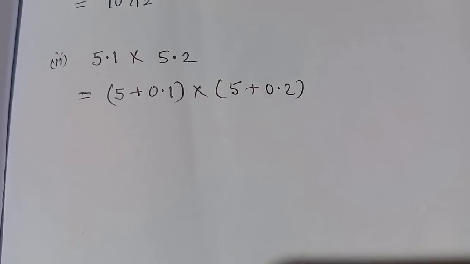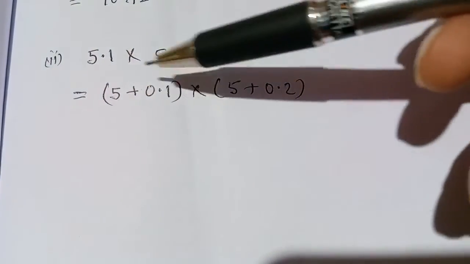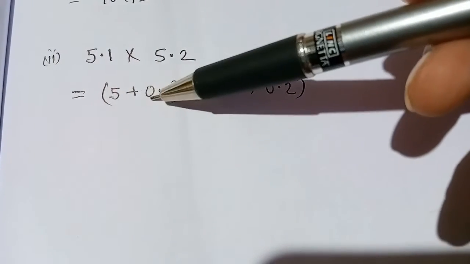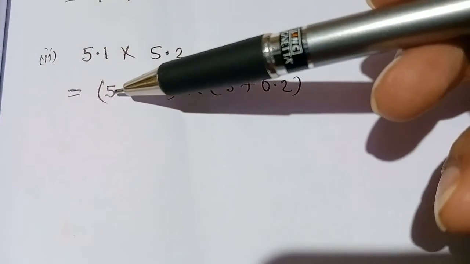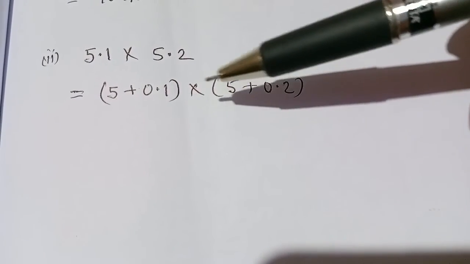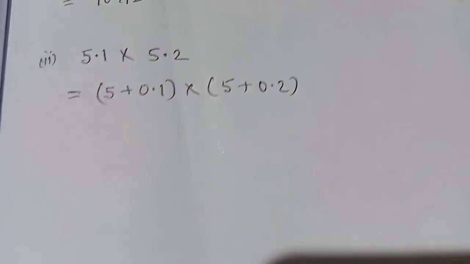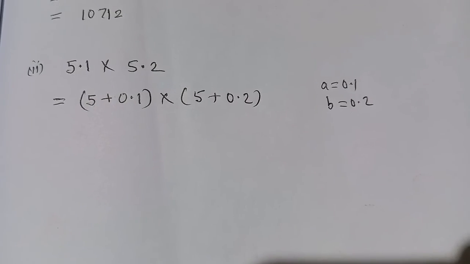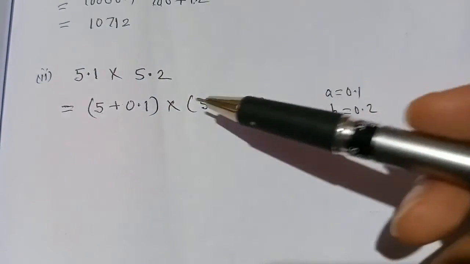Now again, let us see these two numbers. We can break the numbers 5.1 and 5.2 into two parts like this: 5 plus 0.1 and 5 plus 0.2. And always remember this number should be the same. Now what is A? 0.1 is A and 0.2 is B. So 5 is the x in the formula, and A is 0.1, B is 0.2.